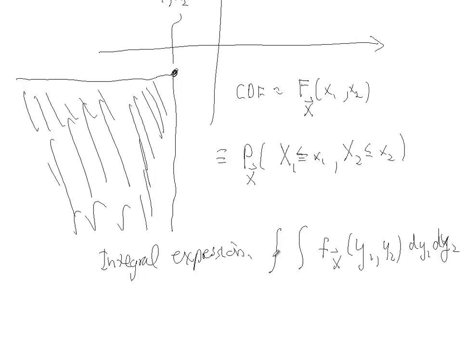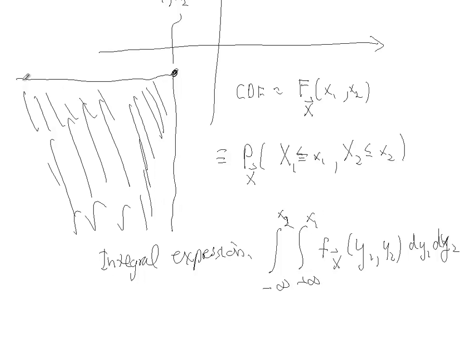Again, we ask the question, what are the integral limits? The integral limits in the horizontal direction are from minus infinity to x1. It doesn't really matter which direction you do this in. I can make the inner one x2 and this one x1.